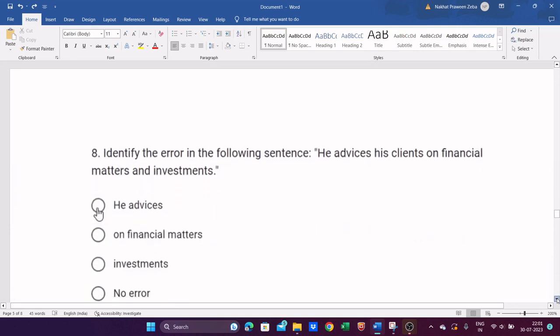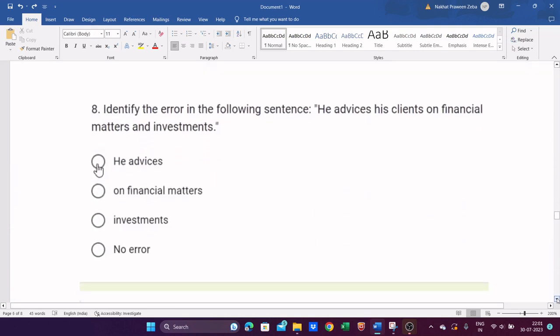Okay, next question number 8. Identify the error in the following sentence. He advises his clients on financial matters and investments. Okay, so the options are divided into four sections: he advises, on financial matters, investments, no error. So see the spelling of this, advices, A-D-V-I-C-E-S. If I tell you I'm giving you one advice, here it works as a noun, like I'm giving you a piece of advice, right?